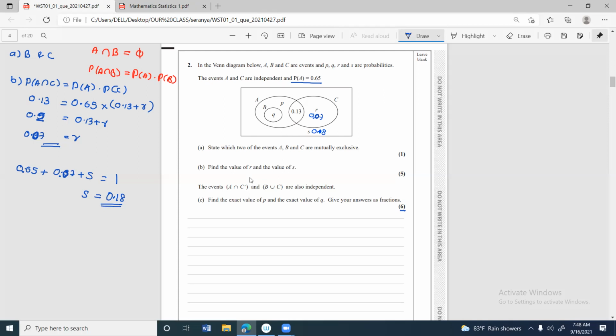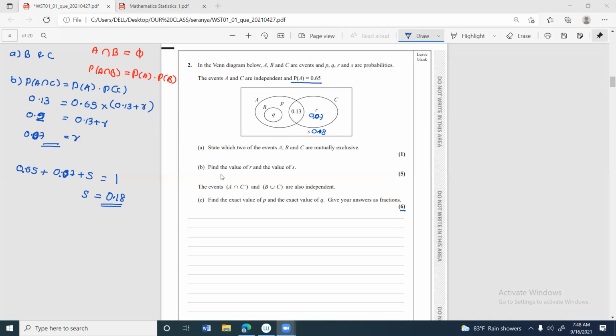Then the events A intersection C dash and B union C are also independent. If this statement is given, we will write the statement for this.